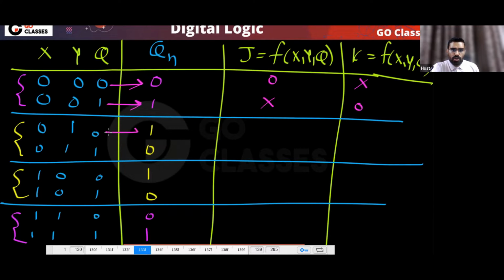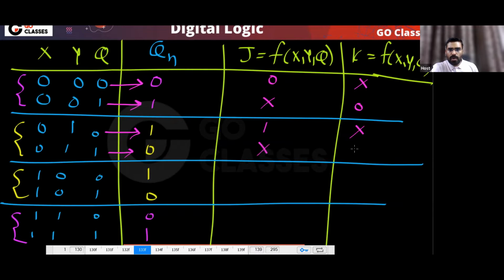If you go from 0 to 1, then either this combination or this combination. Means 1 comma don't care. If you go from 1 to 0, then either this combination or this combination. It means don't care comma 1.